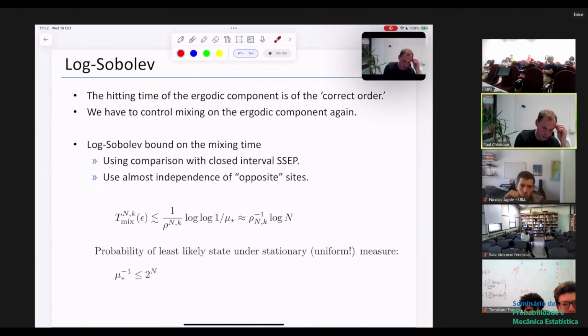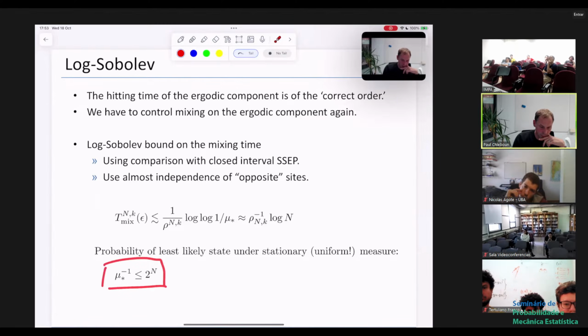It's known in general that the total variation mixing time is bounded above, with a similar bound as you'd get from the spectral gap: the inverse of the log Sobolev constant, the way I defined it, times a logarithm of 1 over the least likely state under the reversible measure.